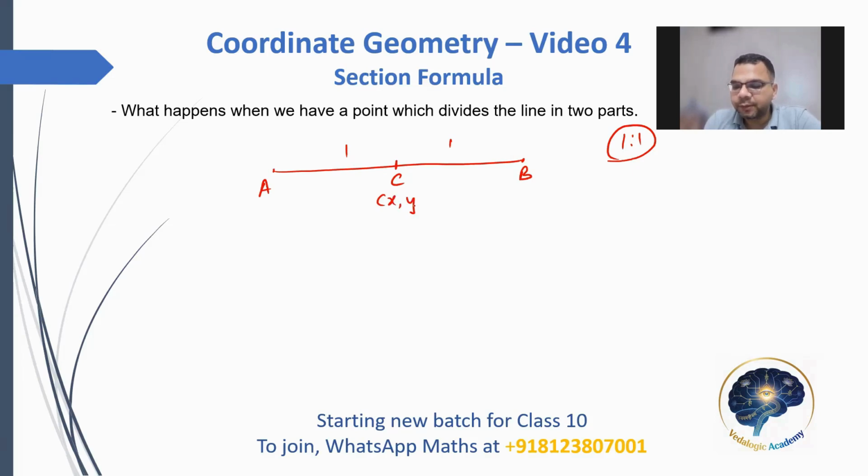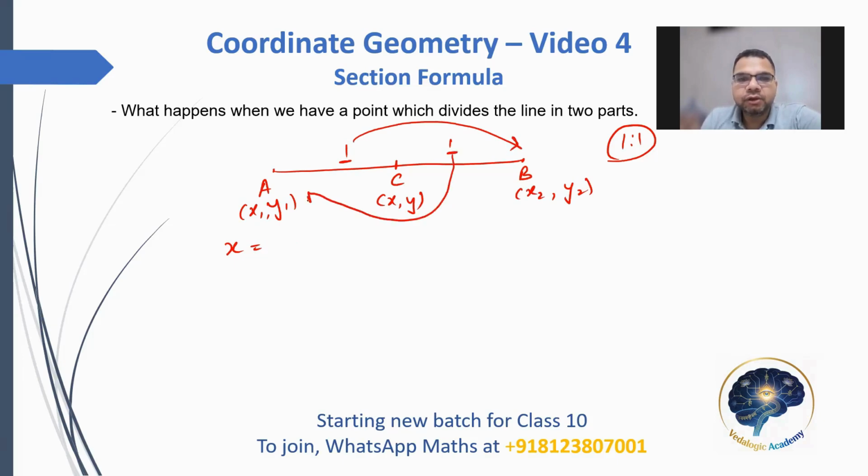So we'll see that. I'll use the same thing, x1, y1 for A, x2, y2 for B, and C is x comma y. Let's say I want to find x, the x coordinate of C. I'll use this one with B and this one with A, even though both are equal, so I can use whichever I want.